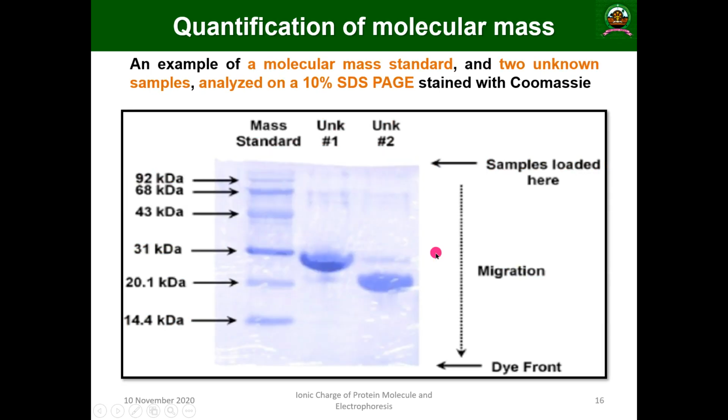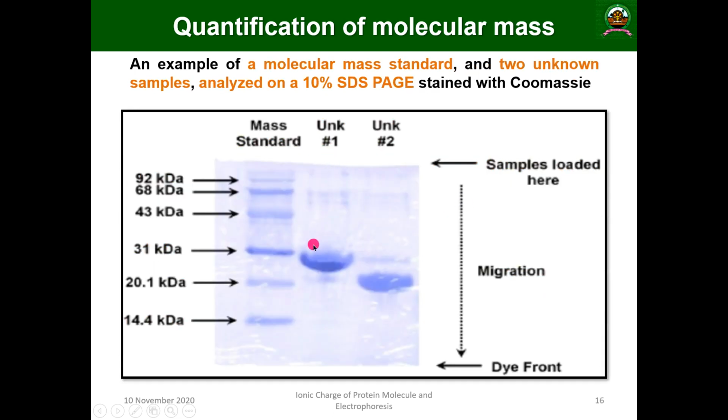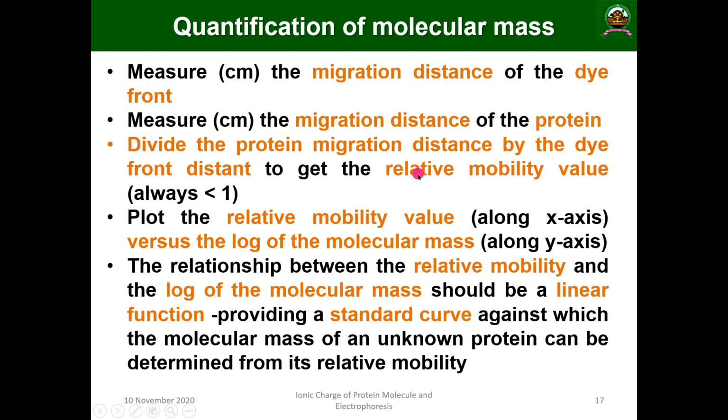So if you divide the protein migration distance by the total distance traveled by the dye, you will get the relative mobility value. And then we can make a plot. You plot the relative mobility value along the x-axis versus the log of the molecular mass along the y-axis.